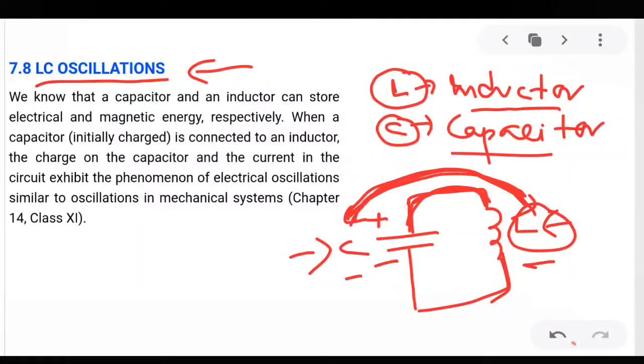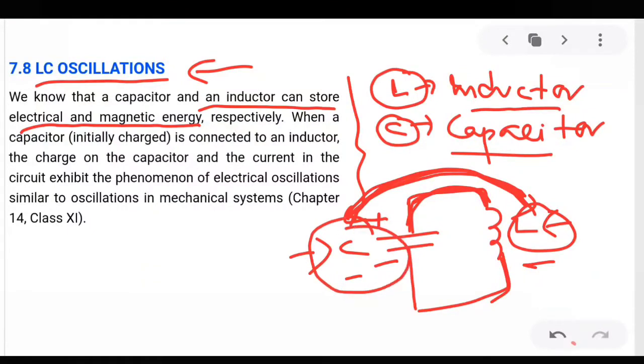So that is the introduction that is given from NCERT. I have taken this from the NCERT textbook. We know that a capacitor and inductor can store electrical and magnetic energy. The capacitor can store electrical energy and the inductor can store magnetic energy.